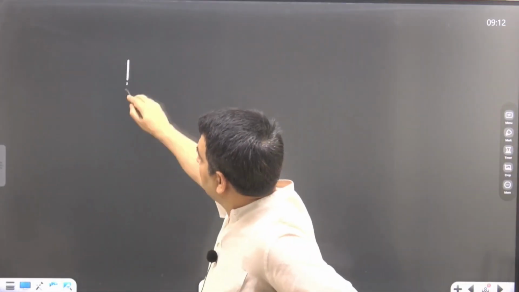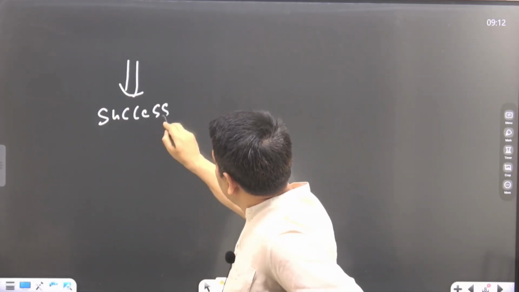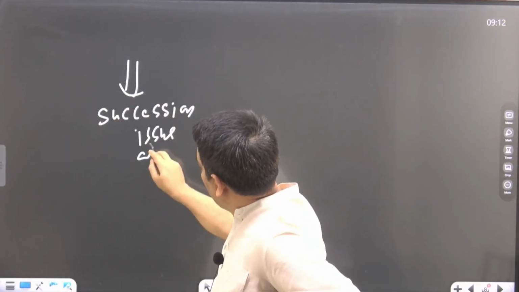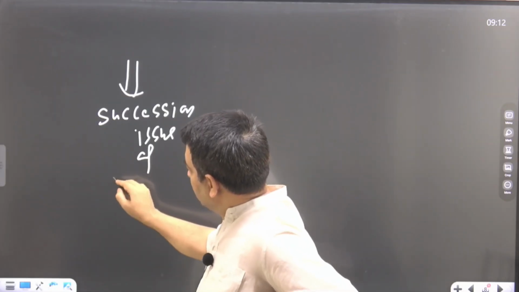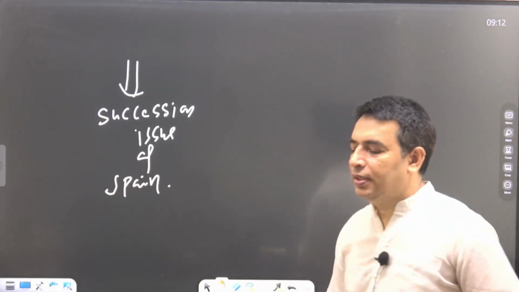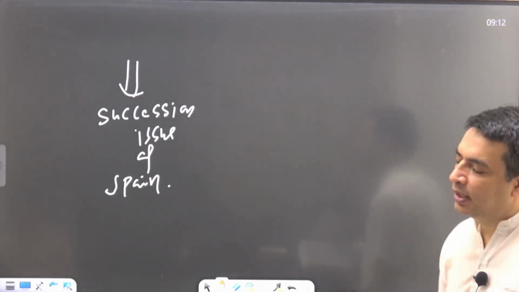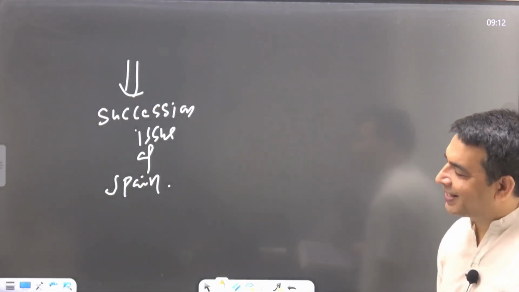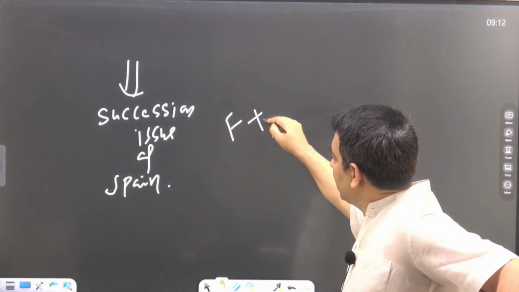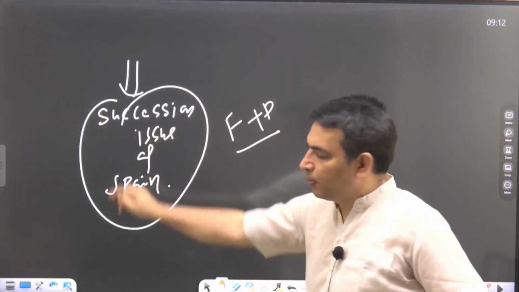The first thing is known as the succession issue of Spain. This intensified the situation. This further strengthened the tension between France and Prussia. One, the succession issue of Spain.